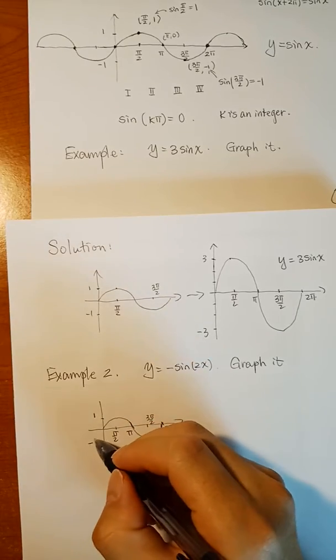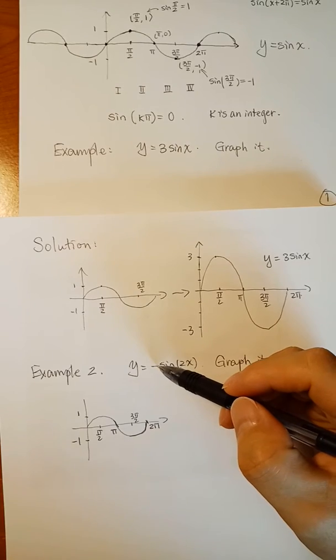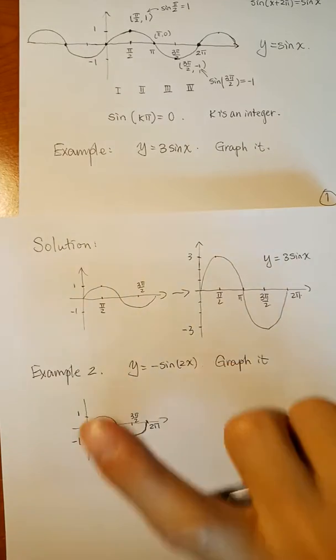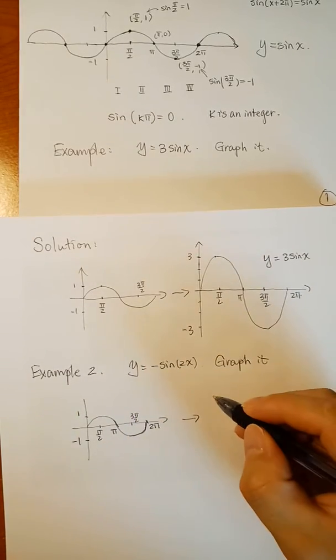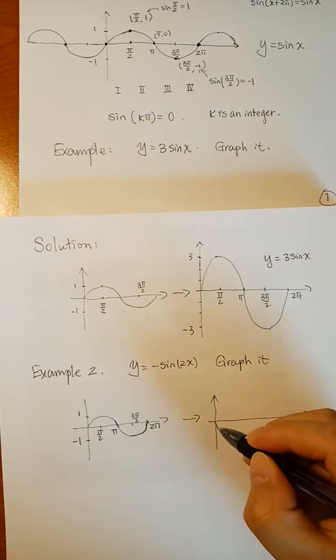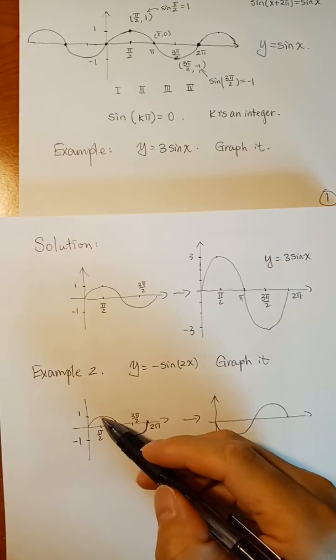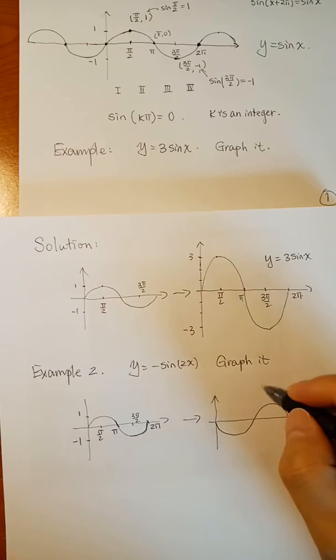This is negative 1. Standard sine function. And you see here, you have a negative sign. Whenever you see a negative sign as a coefficient, you flip the graph up and down. You make the top go to the bottom, and the bottom to the top, because of this negative sign.